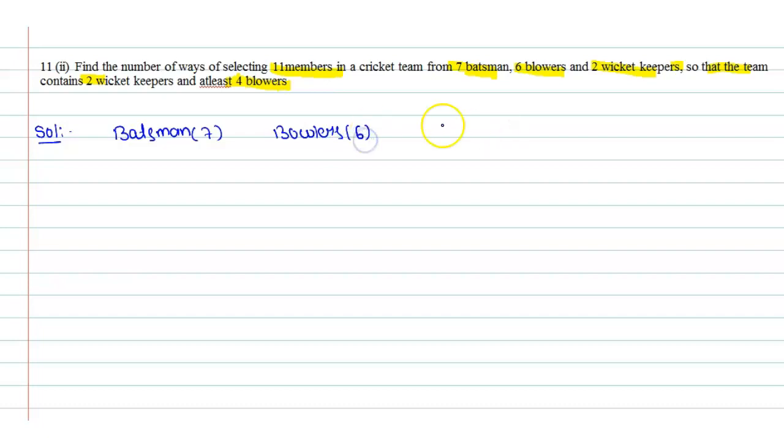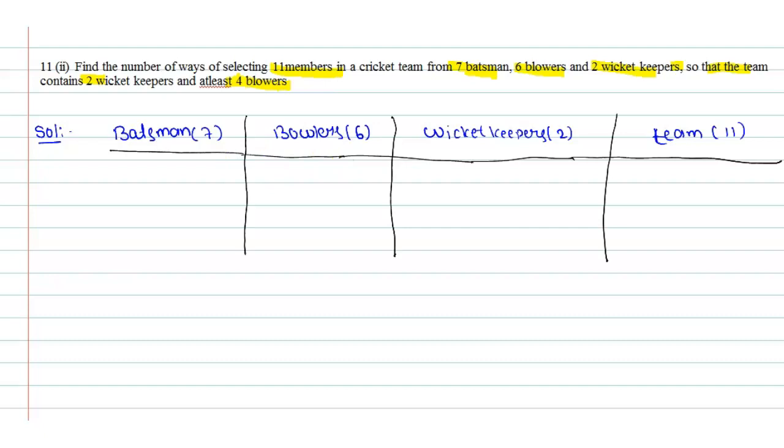Here we have 6, and wicket keepers are given by 2, and the team. And team of how many players? 11 players.